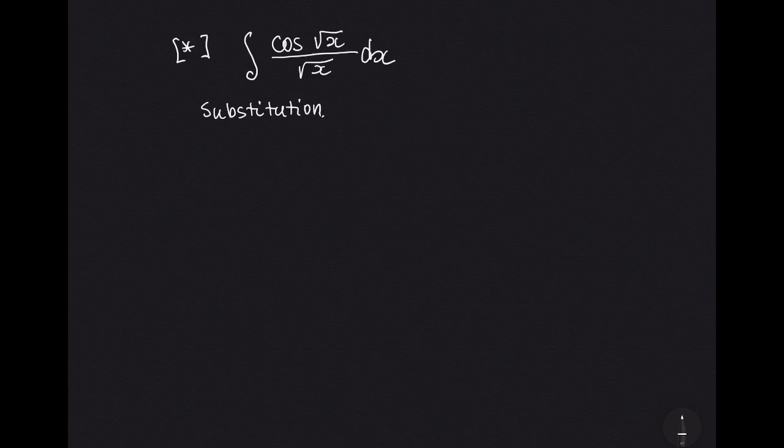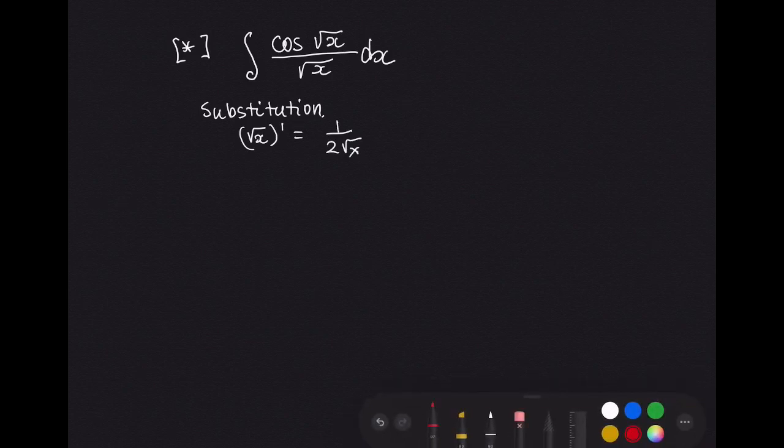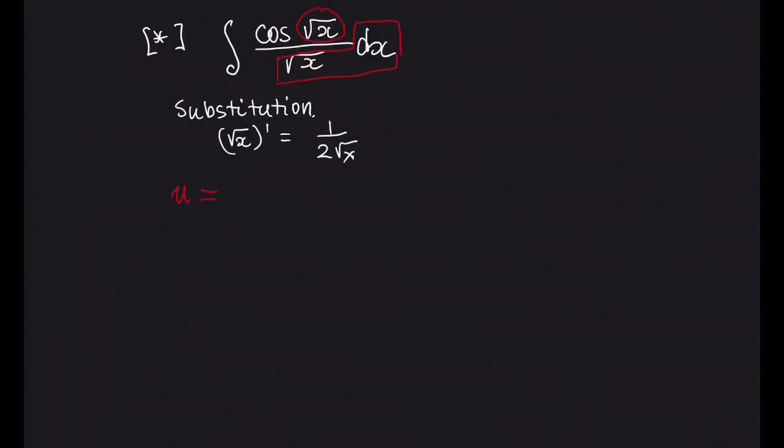And it actually helps to realize that because the derivative of square root of x is 1 over 2 square root of x, this integral actually contains the derivative of square root of x. So it looks like our substitution should be u equals square root of x.